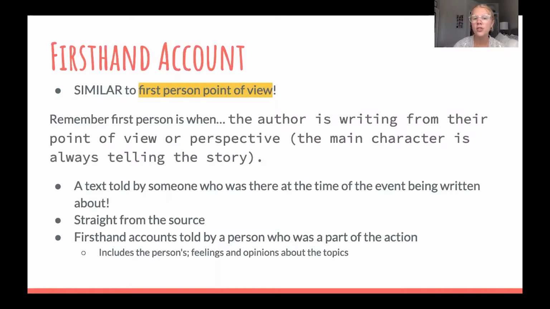And remember, first person is when the author is writing from their point of view or perspective. The main character is always telling the story. In a firsthand account, a text is being told by someone who was there at the time of the event being written about. A firsthand account is straight from the source. It's coming straight from someone who was at this event.